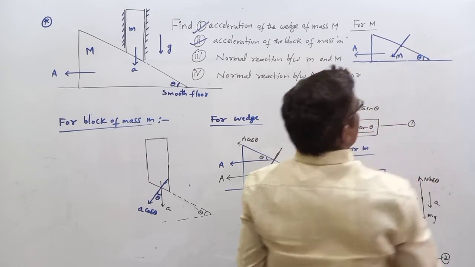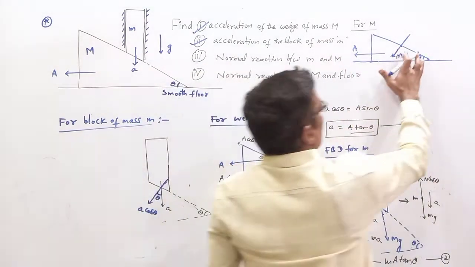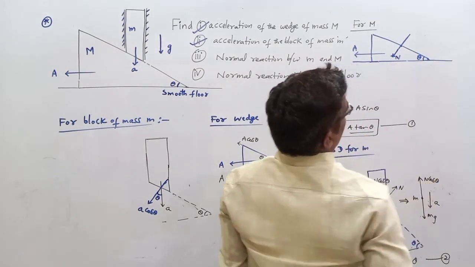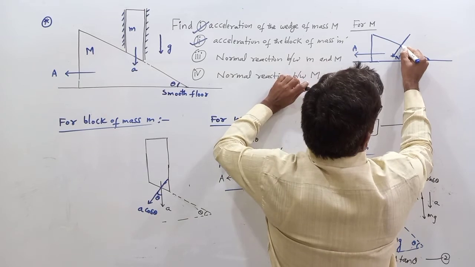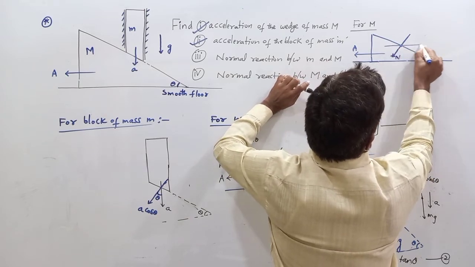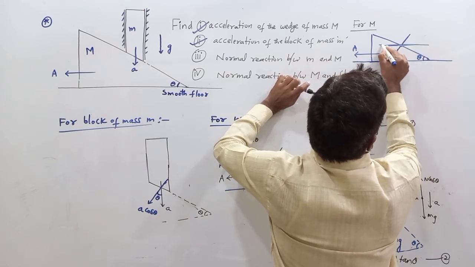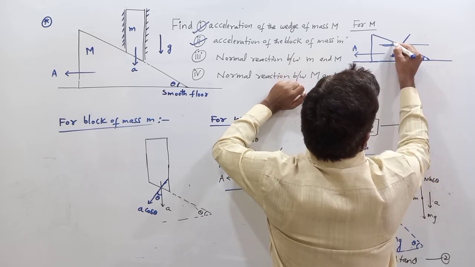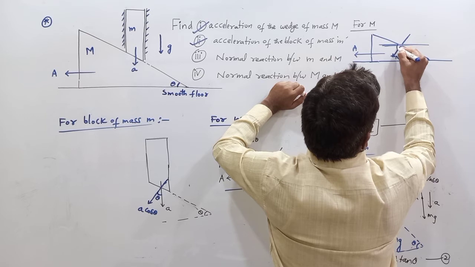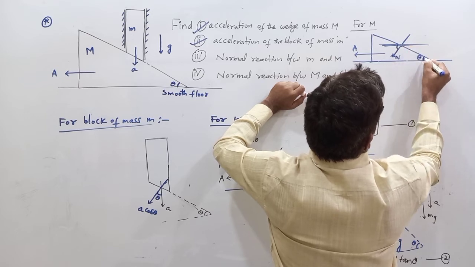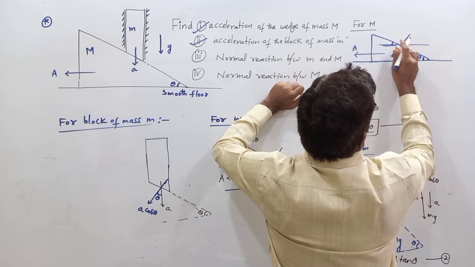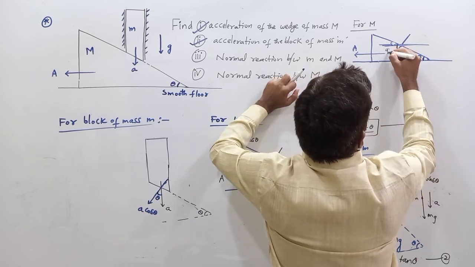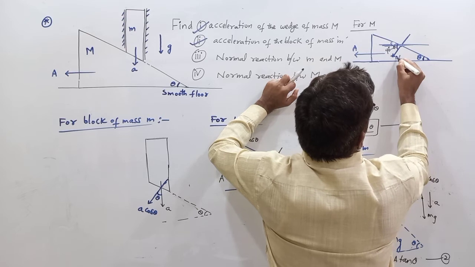This is N, not capital M. This N can be resolved along the horizontal. We know that this is theta, and here it is 90 minus theta.